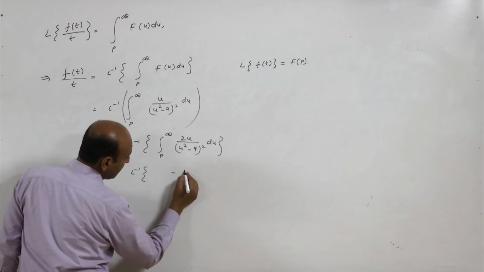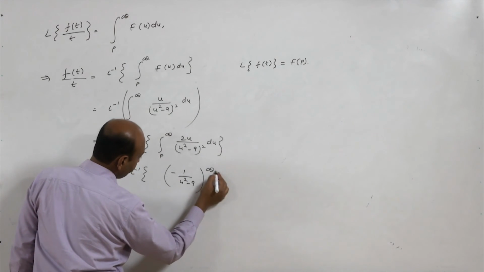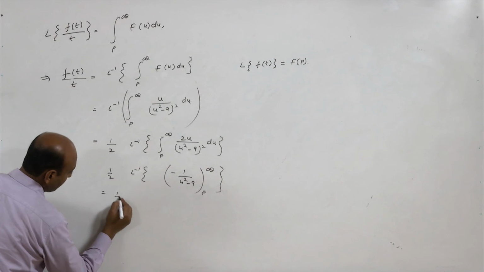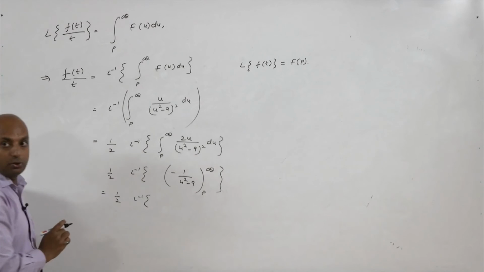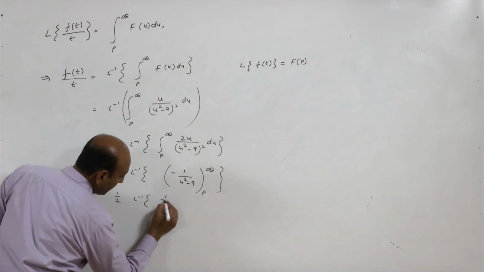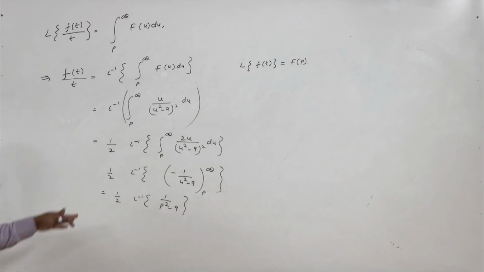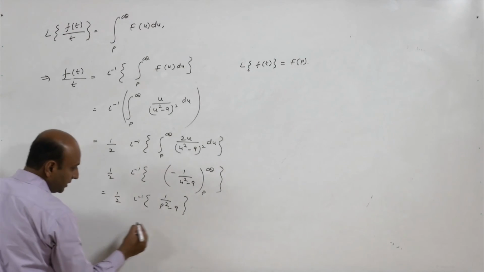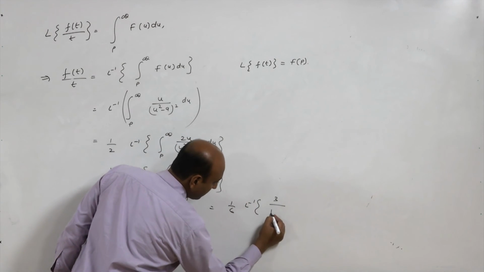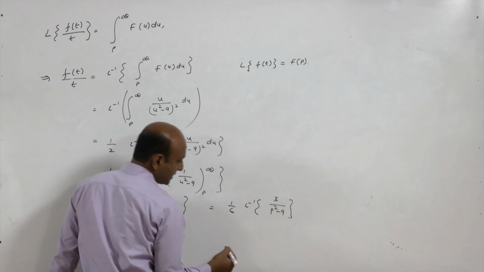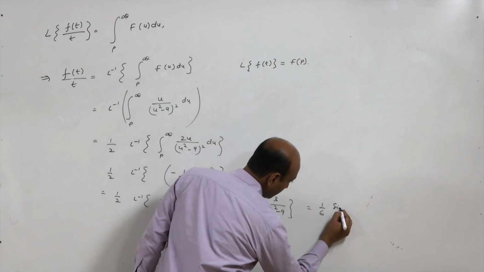So it is minus 1 upon u square minus 9 from p to infinity, and it is 1 by 2 Laplace inverse of, at infinity it is tending to 0, and at p it is nothing but 1 by p square minus 9. Now you divide and multiply by 3, so it is 1 by 6 Laplace inverse of 3 upon p square minus 9, and this is nothing but 1 by 6 sine hyperbolic 3t.